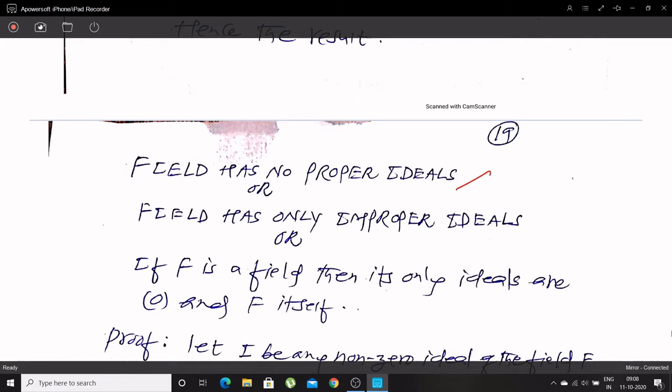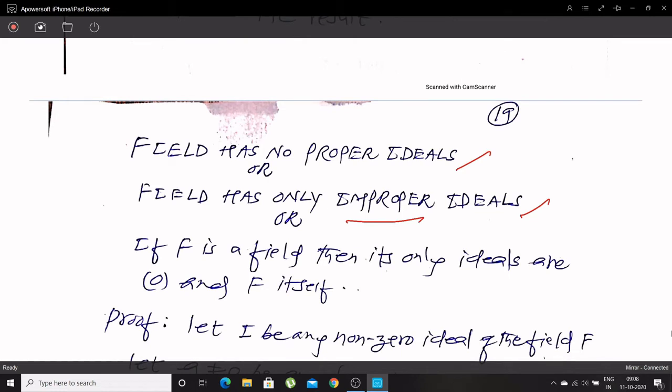A field has no proper ideals, that means a field has only improper ideals. In another way, we can state this like this: if F is a field, then its only ideals are the set containing the additive identity and F itself. All will give the same meaning.